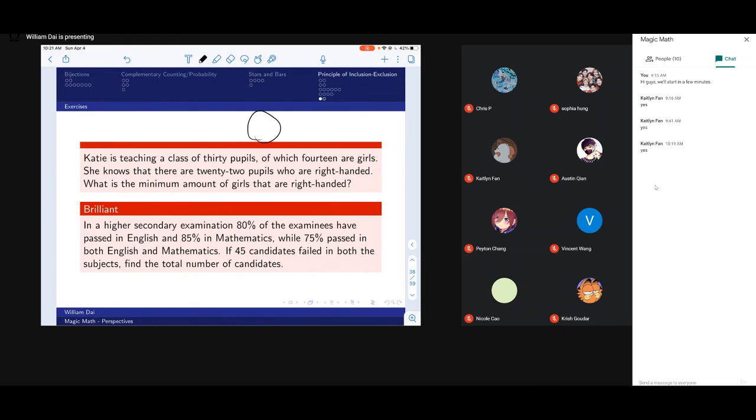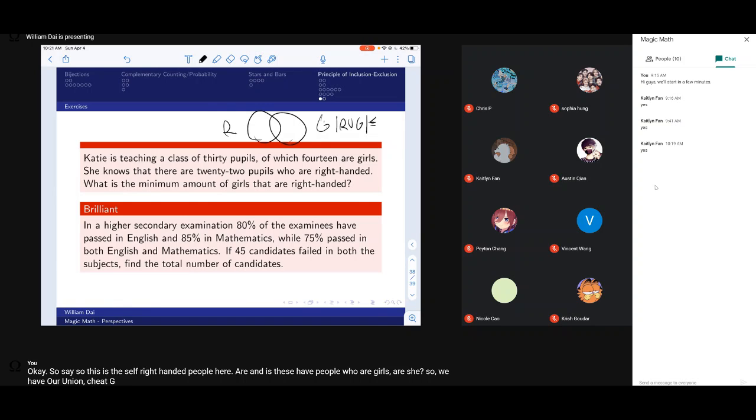Okay, so this is the set for right-handed people here, R, and this is the set of people who are girls, G. So we have R union G. G is at most 30 people.